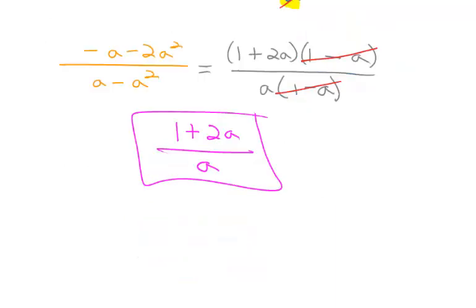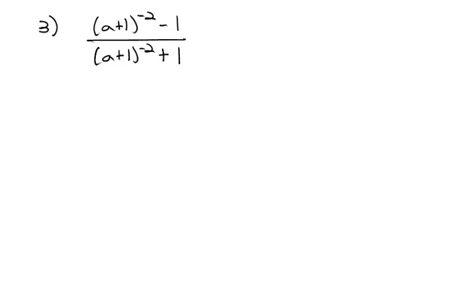Let's do one last problem before we wrap up here. Let's do a plus 1 to the negative 2 minus 1 over a plus 1 to the negative 2 plus 1. Again, with the adding and subtracting between terms, we cannot just move things around.